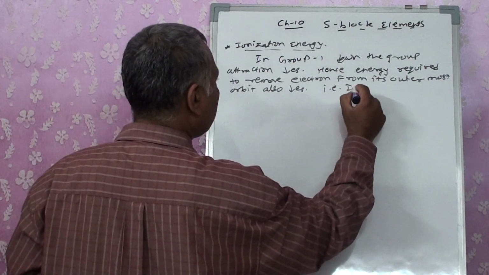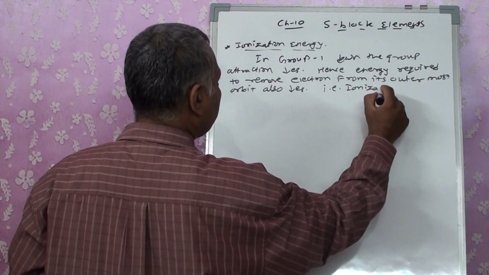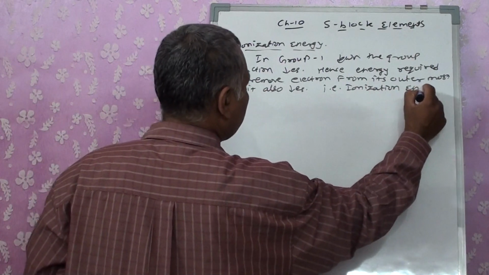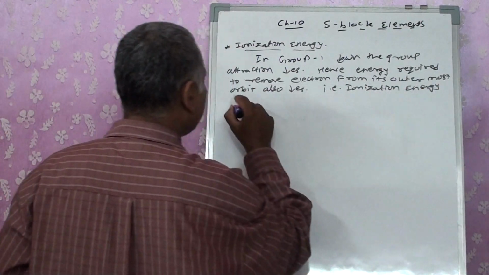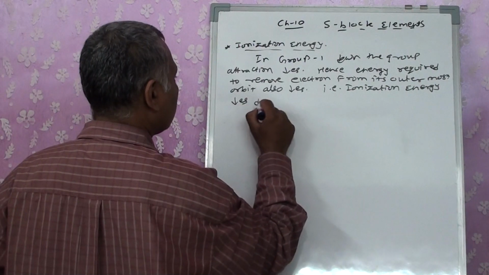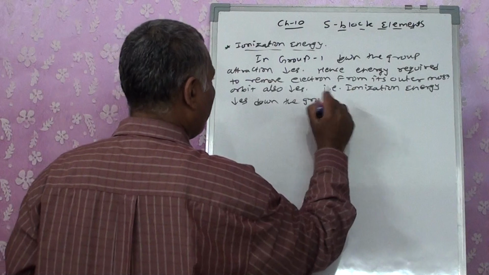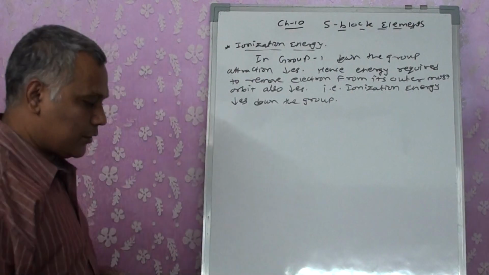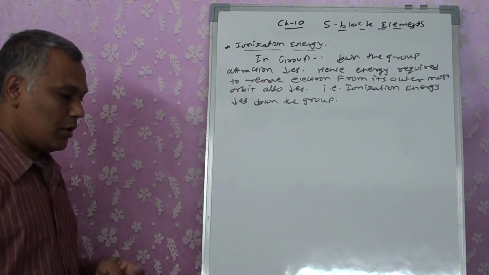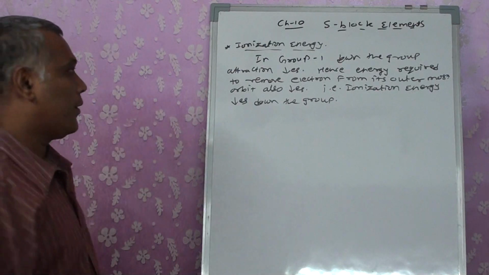That is, ionization energy decreases down the group. Ionization energy decreases down the group, right?